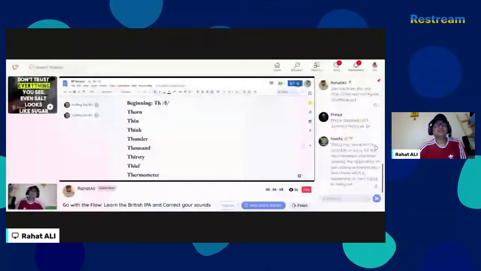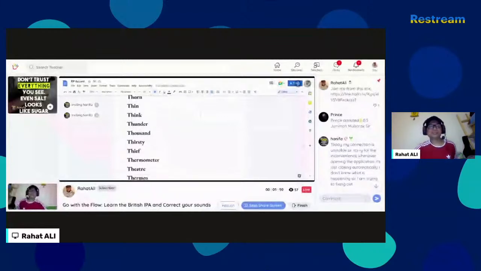Thermometer. In Latin, therm means hot. So a thermometer is a machine that measures the temperature.